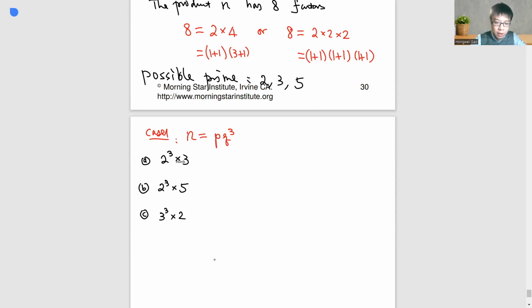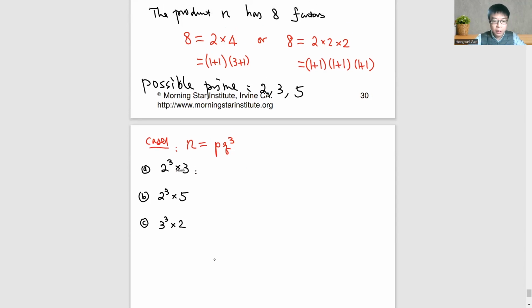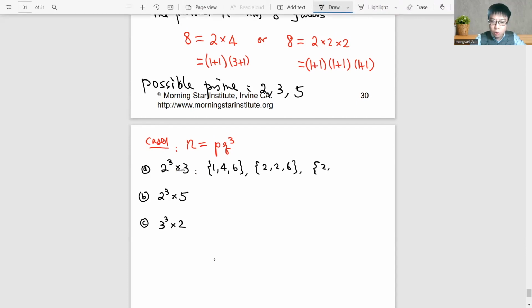Now for each case, let's discuss how many ways to get that product. For case A, 2 cubed times 3, the 3 numbers could be a permutation of 1, 4, 6, or 2, 2, 6, or 2, 3, 4.